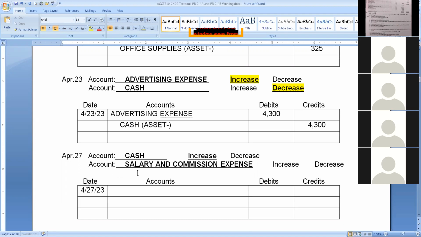For one thing, this is a very long account. Okay, so cash is increasing. And this is the one rare time when you're going to see an expense go down.